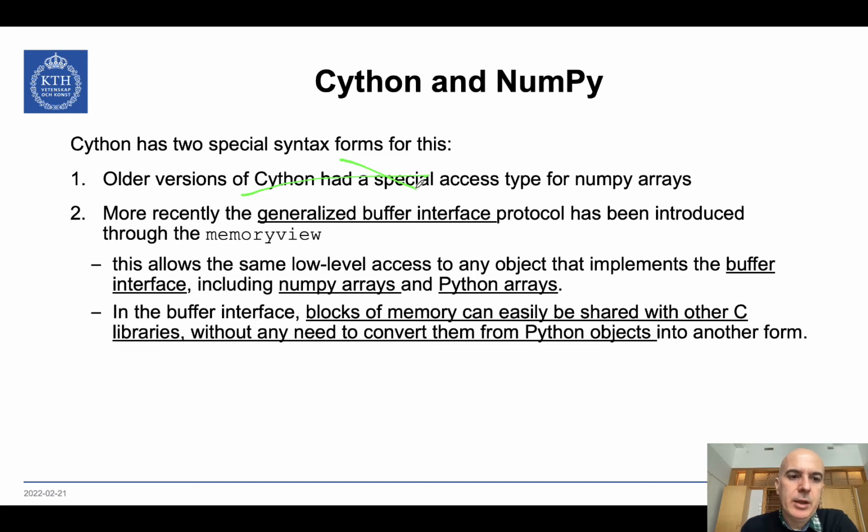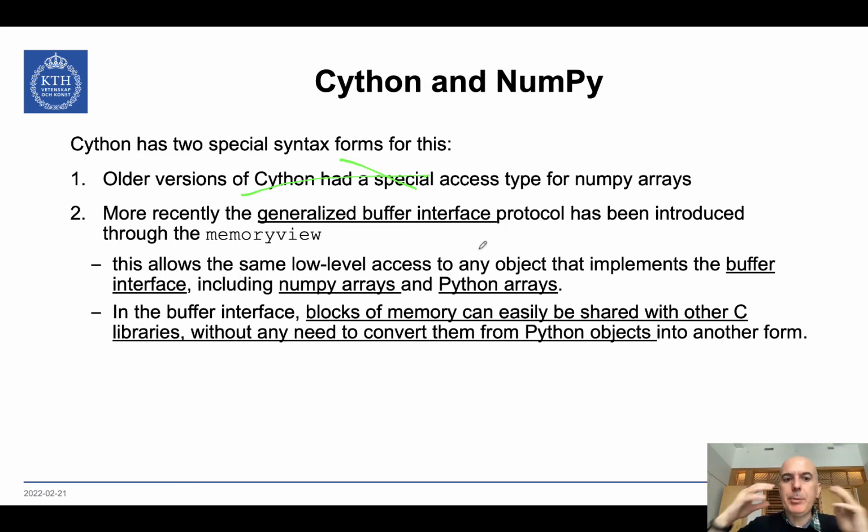More recently, Python and Cython added a so-called generalized buffer interface protocol through the memory view. So what is the memory view? Memory view is a way for us to have the same low-level access to any object that implements the buffer interface, including NumPy arrays and Python arrays.